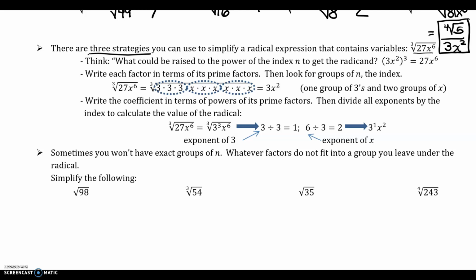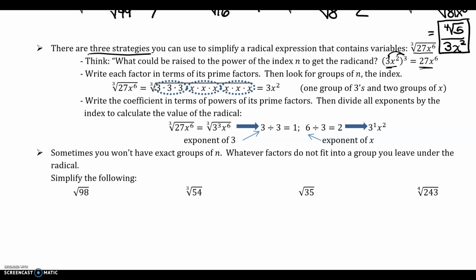So I make parentheses with a power of 3 on the outside, and I know that 3 cubed is 27, so I put 3 in here. I know that x squared raised to the power of 3 is x to the 6th, because remember I multiply our exponents here. So I know that 3x squared quantity cubed equals 27x to the 6th. So the cube root of 27x to the 6th is going to be 3x squared.